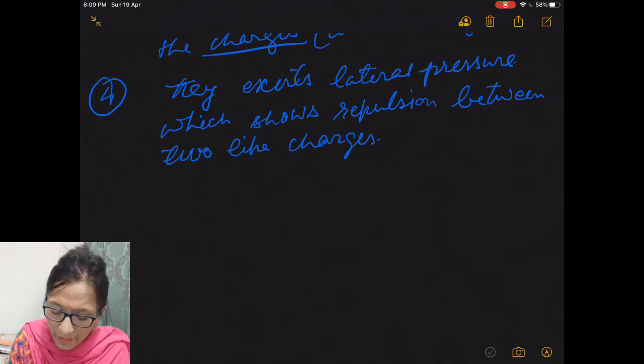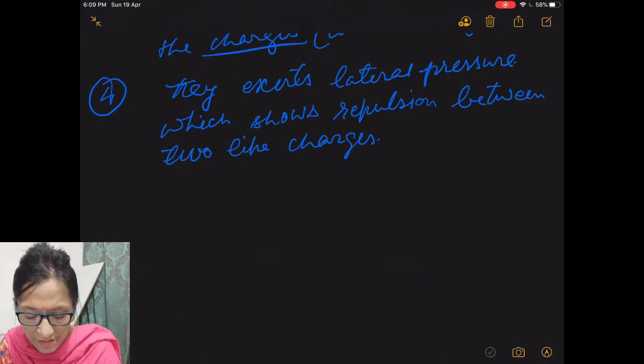So these are some properties. I will be discussing some more properties.